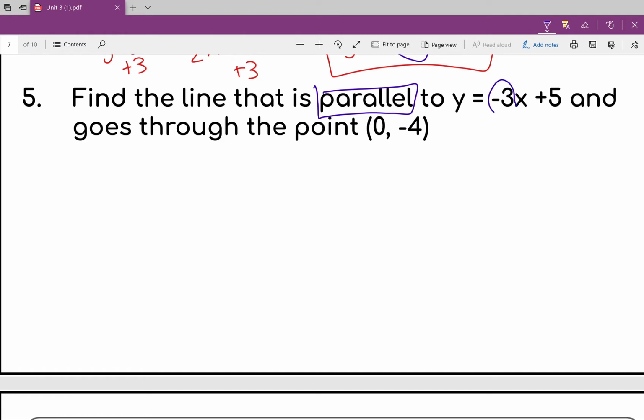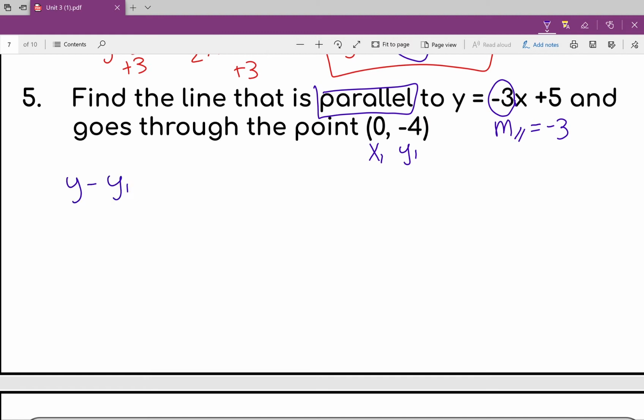The slope is negative 3. Since we're finding the parallel slope, we know parallel means same. So the same number as negative 3 is negative 3. That's our parallel slope. Then remember our point is (x1, y1). So I use the point slope formula.